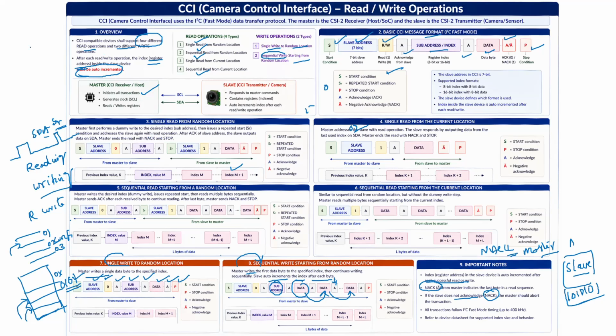In that desired index address, the master is placing some write operation, and it is placing some information. Then your slave will not release that, your master is not relieving your.